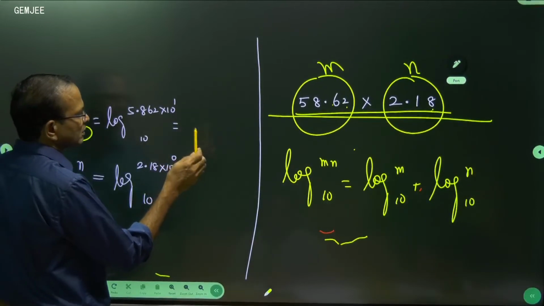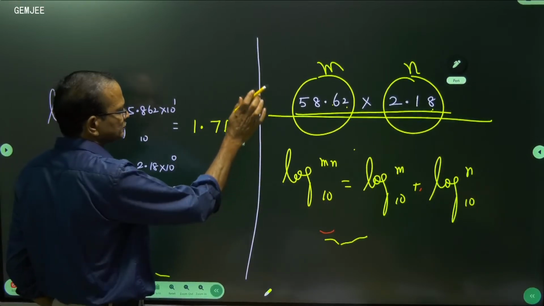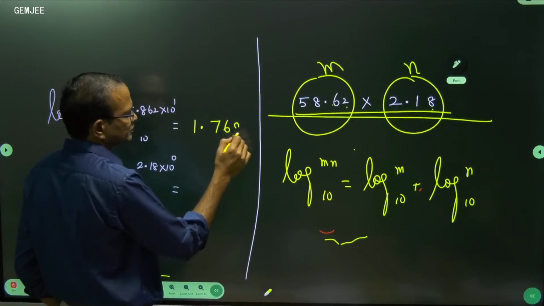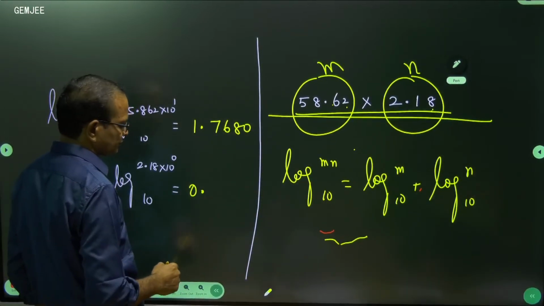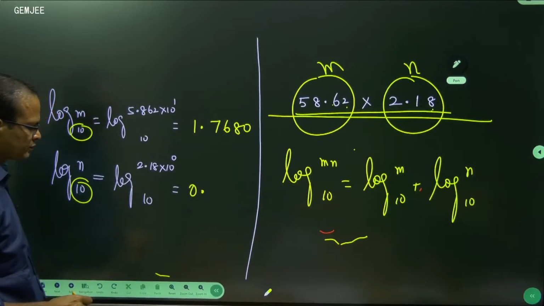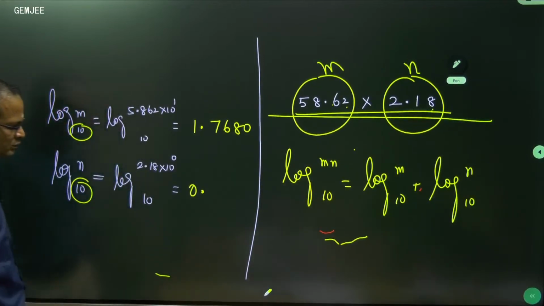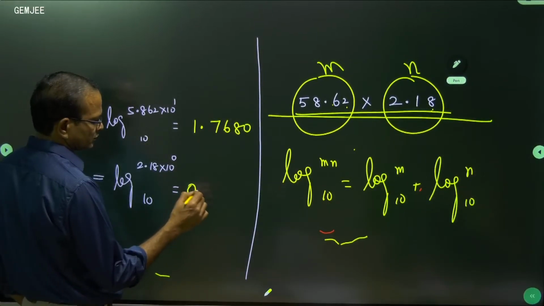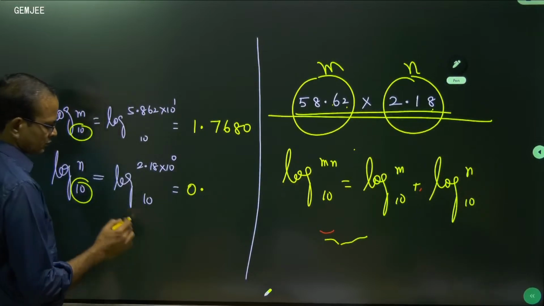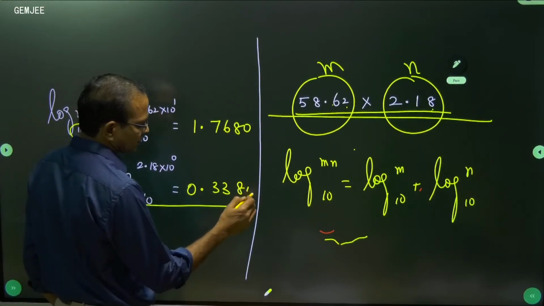The first one will be 7680. Then 0 point 3385.